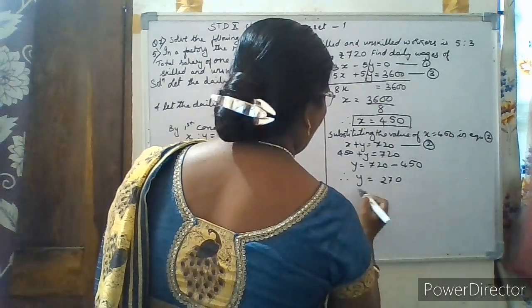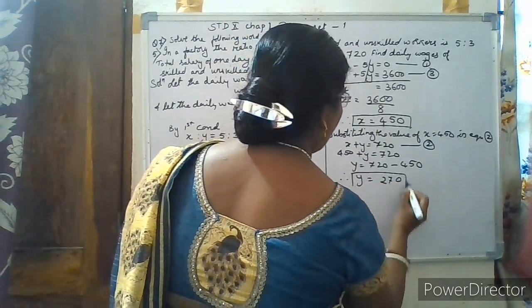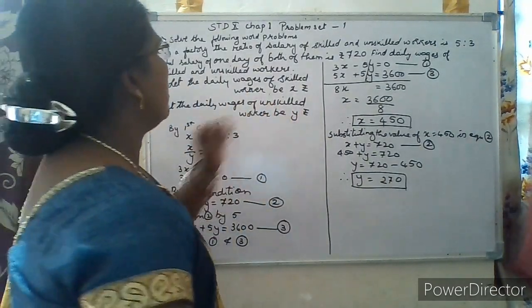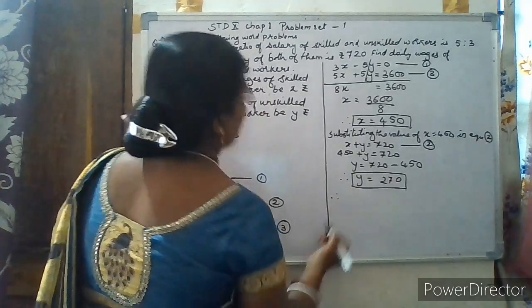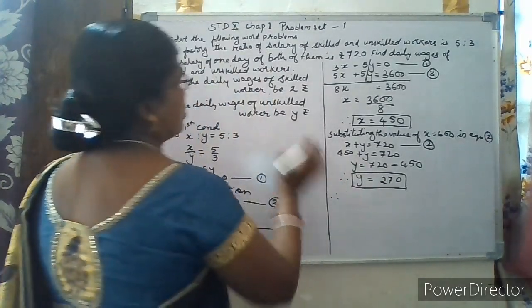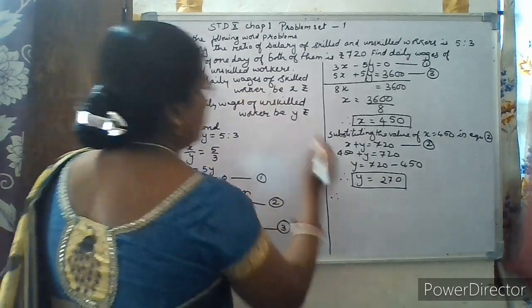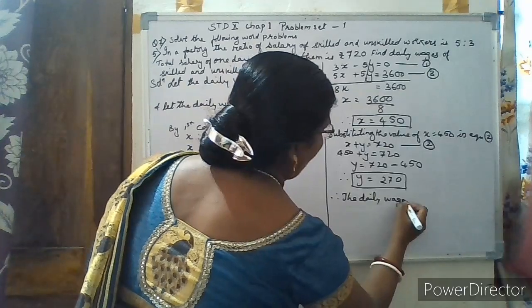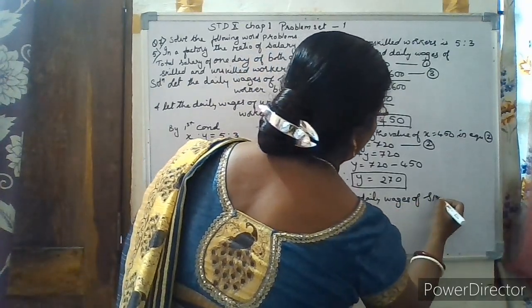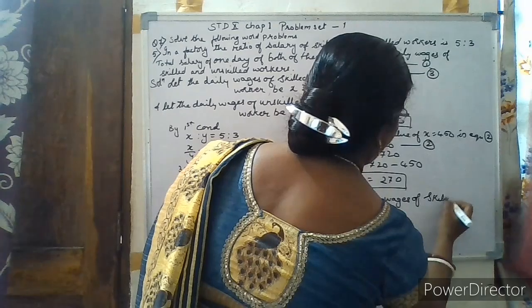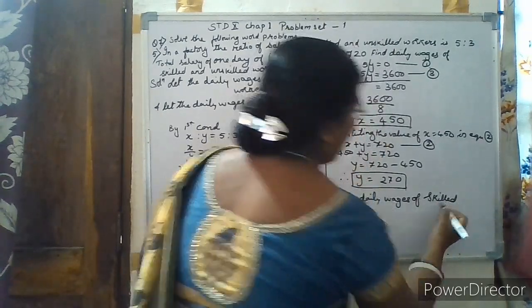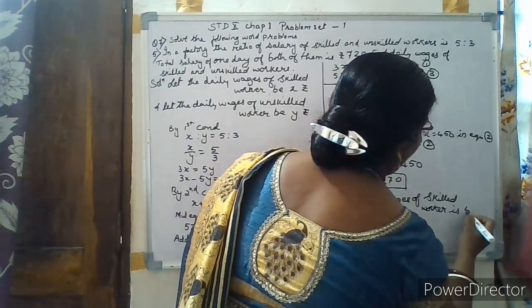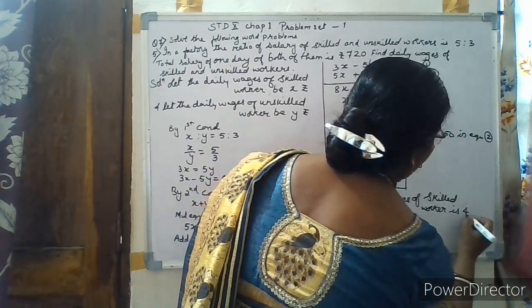Now, therefore, y is equal to 270 we have got. Therefore, y is the daily wages of unskilled worker. So, therefore, the concluding answer is the daily wages of skilled worker is 450 rupees.